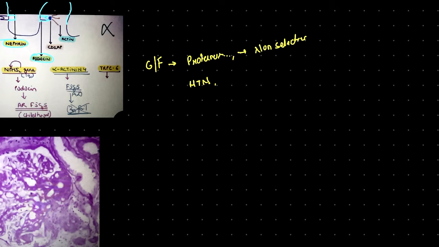Let's not go directly into hypertension. As I said, there will be sclerosis, or compression of the glomerular tuft, because of which there will be reduction in function of glomeruli.